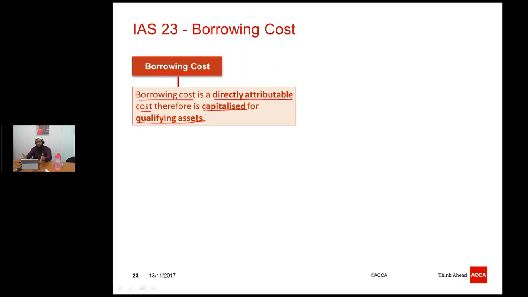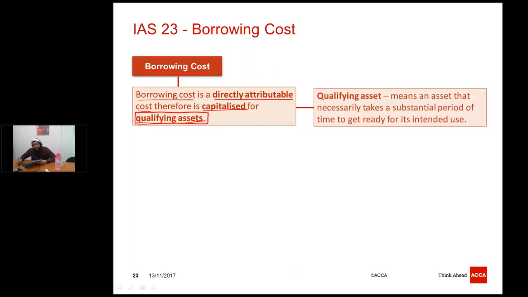If I want to construct this machine, I don't have cash, I go to the bank, take a loan and construct the machine. Apart from the material, labor and overheads, I also have to pay the interest. So the interest cost will also be capitalized, but only for the qualifying assets.